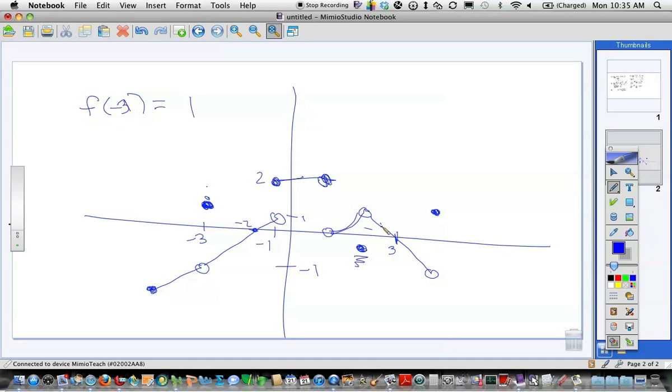Well, as we come in from the left, what are the slopes? And they're not changing, are they? So the slopes are -1, -1, -1. If we were going to graph that, wouldn't it just be down here at -1, horizontal line? So from the left of 3 and the right of 3, the slopes are going to be -1. Right? Here would be 3 right here. So from the left, from the right, -1. So that's the answer to that.